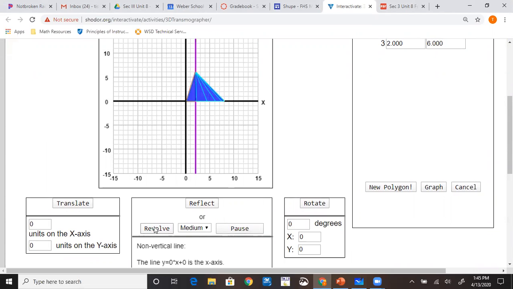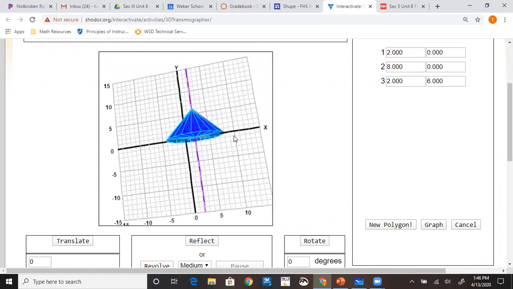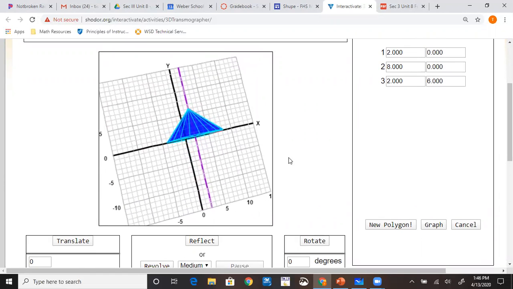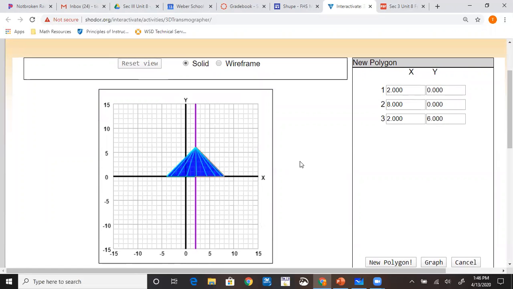Now, as I revolve that, it's going to spin that triangle around three-dimensionally around that line of x is equal to 2. So if I look at that, I can click and drag to change the viewpoint, and I can see that this is a cone because we spun it and now it has that circular bottom and it's got that triangular peak. We've created a cone out of this.